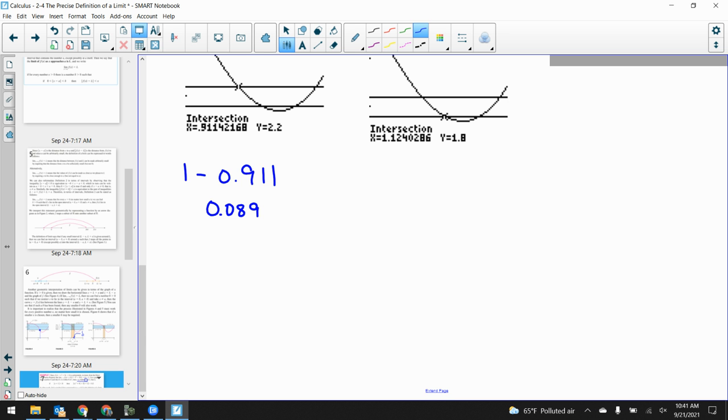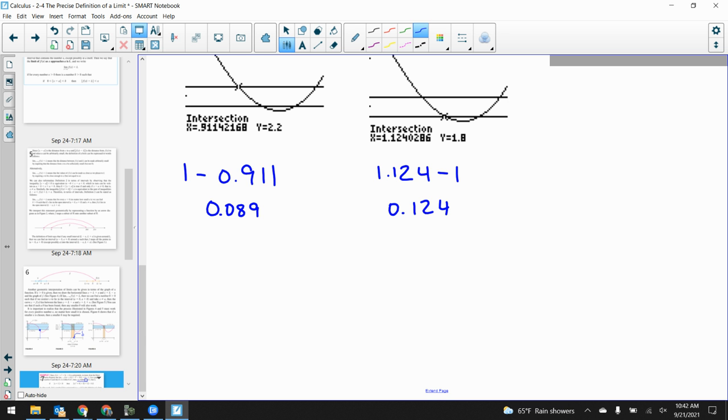And then over here, this is going to be 1.124 minus 1, right? Because I'm going to find the difference away from 1. So this is 0.124. So which value got me closer to 1? The first one, the left side boundary line. This value gets me closer to 1 because this is a less difference away.